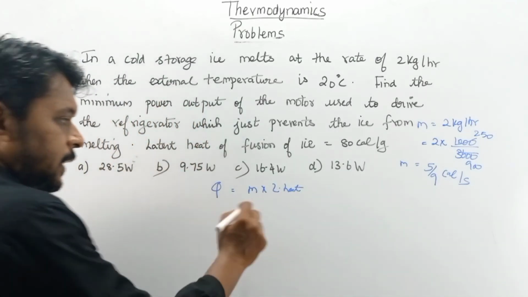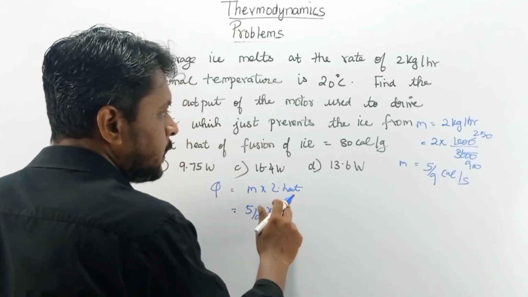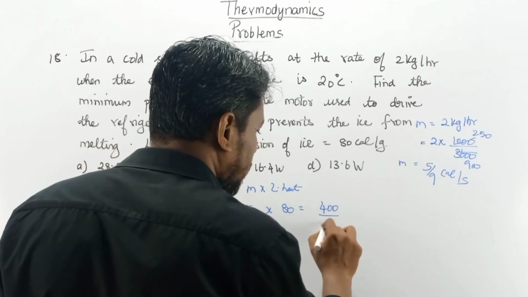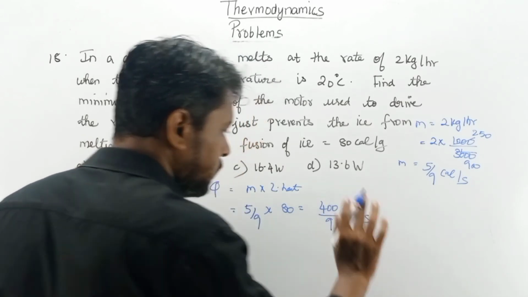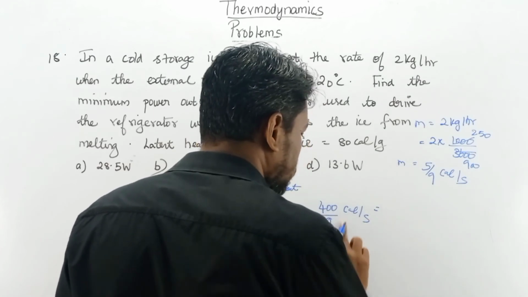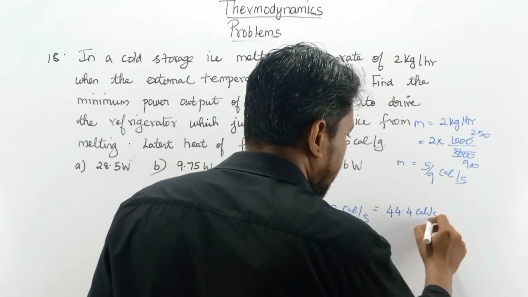Mass into latent heat. Here we have 5 by 9 into the latent heat, which is given as 80, which is equal to 400 by 9 calories per second. When you do this calculation, you will get 44.4 calories per second.